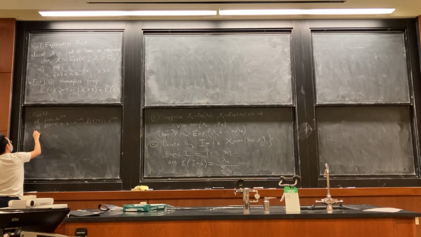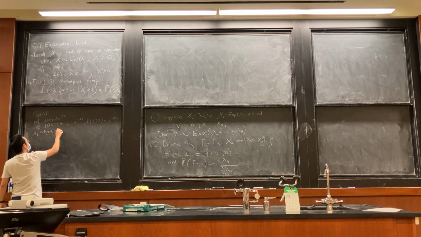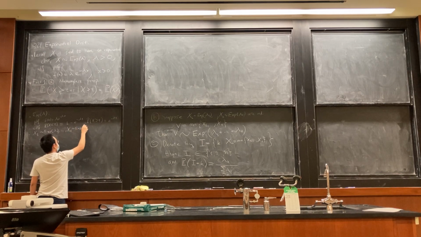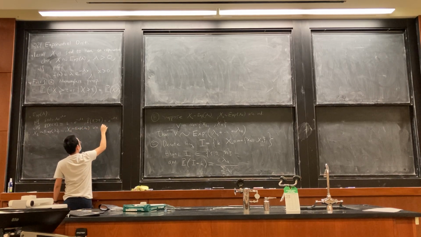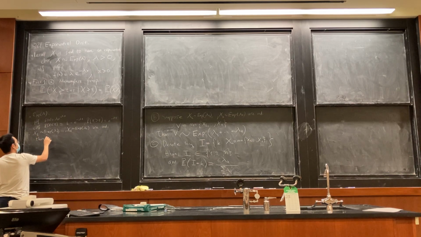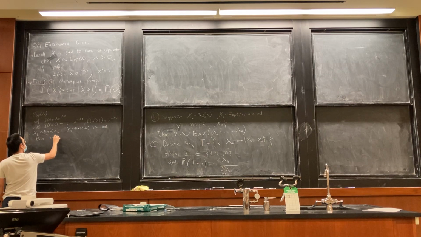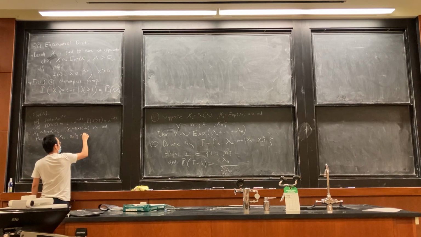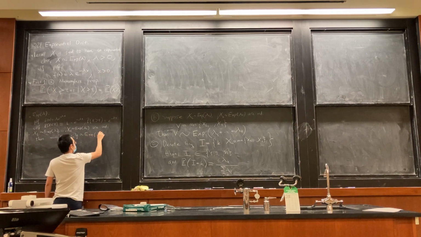Then suppose I have X1 exponential lambda 1 up to Xn exponential lambda n, independent. Then the minimum of these has an exponential with the summation parameter.